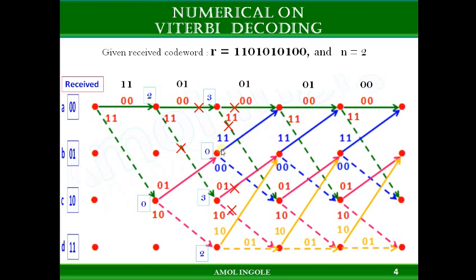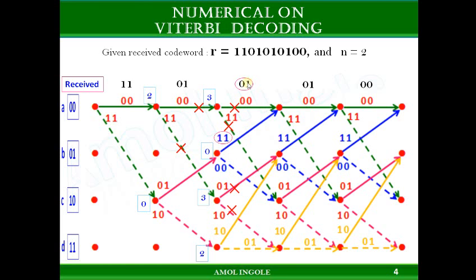Whatever branches have survived now, this one and this one. Let's repeat steps 2 and 3 for time step number 3 here. So again, finding the Hamming distance between the survived path and 0, 1. This is the survived path here, which is not yet discarded. So 1, 1 and 0, 1.